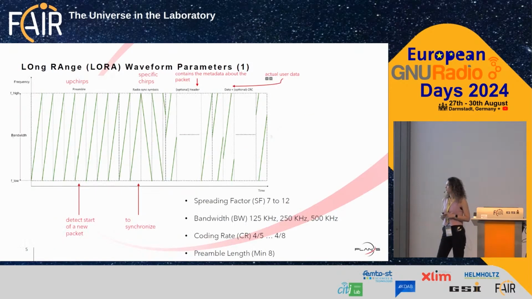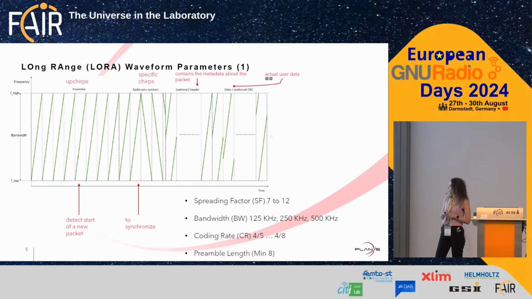This shows the LoRa waveform parameters, and this is a graph of time and frequency. We use the preamble, radio sync symbols, header, and data and CRC. The preamble allows the receiver to detect the start of a new packet, and it consists of up chirps.